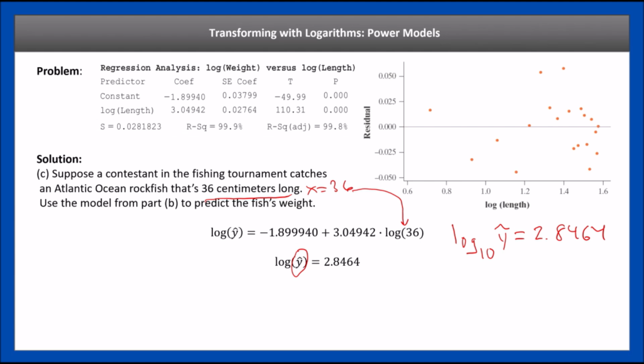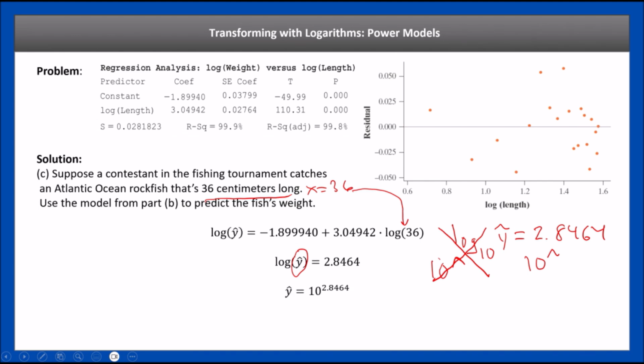So we have to take the base and raise it to both sides. So we're going to take 10 raised to the left side. And then whatever you do on one side, we have to do on the other side. So the other side is going to be 10 raised to the 2.8464 power. So we had to exponentiate, turn it into an exponential on both sides. All right, and that's going to cancel out the log here, leaving us with y hat equals 10 to the 2.8464 power. All right, and that's how we get that there.